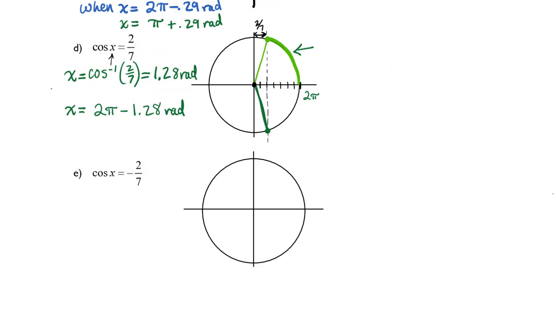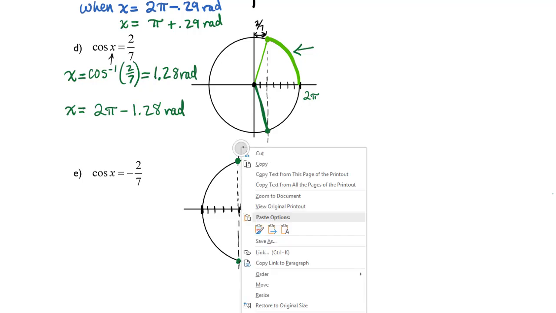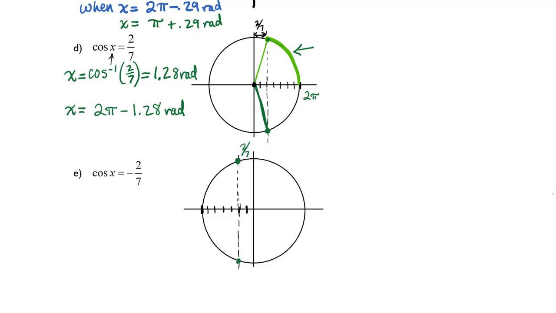In this last one, we have cosine of x is equal to negative 2/7. That means we're looking at values along the horizontal axis that are negative. Again, I'll break this up into sevenths and then mark off at negative 2/7. I'm looking for the angle that will produce a horizontal shift to the left of 2/7.